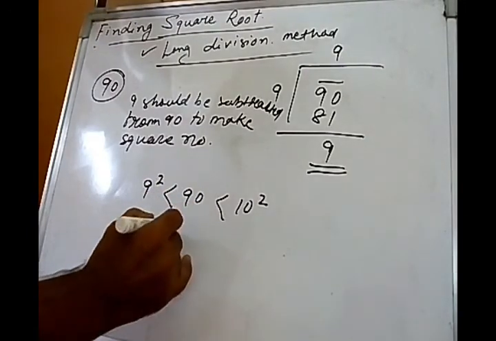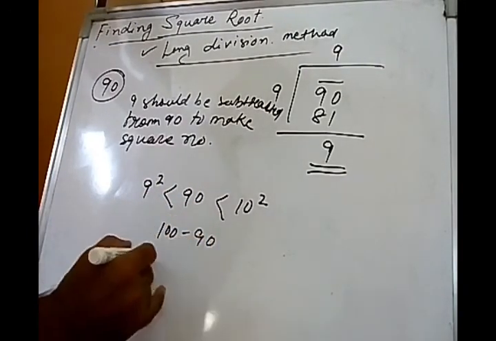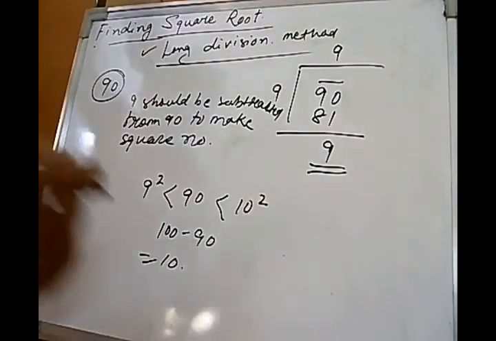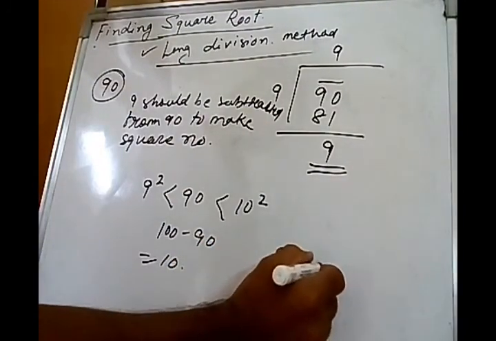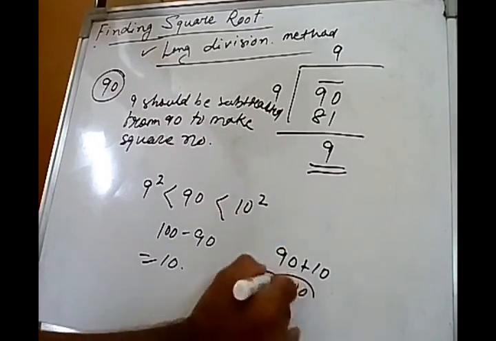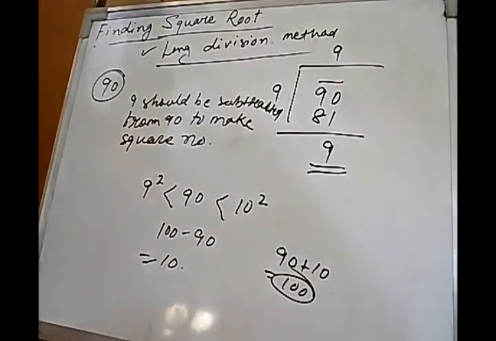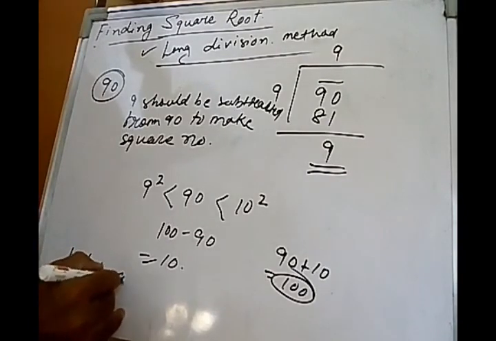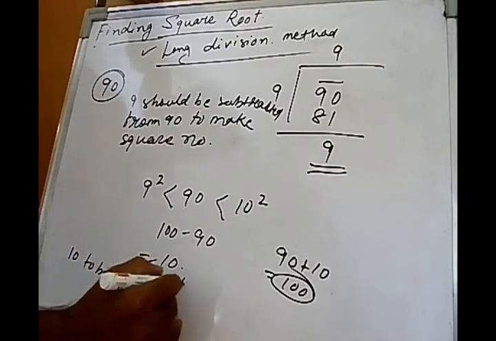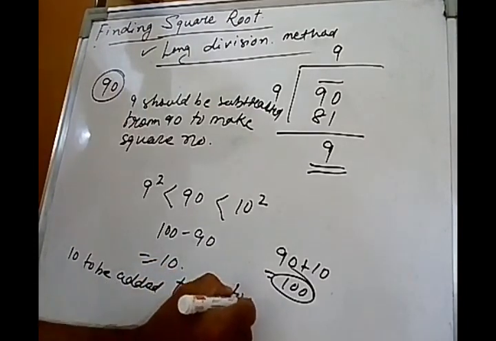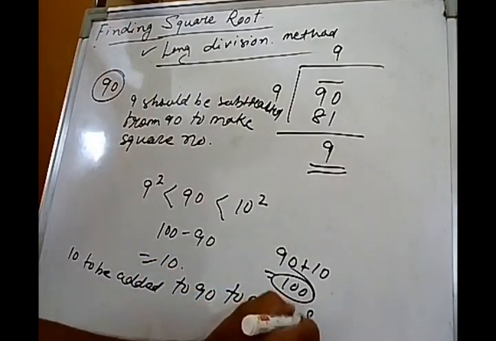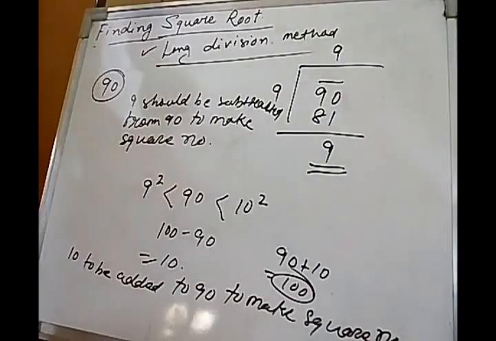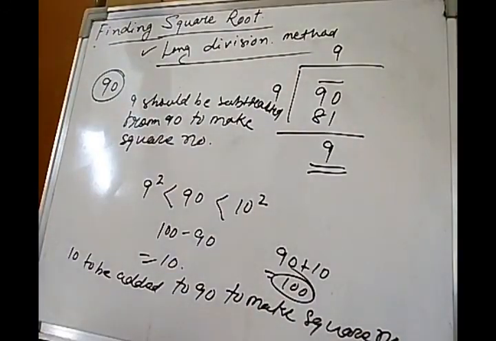So 100 minus 90 equals 10. So 10 needs to be added to 90, and if you see, 90 plus 10 equals 100, and 100 is whose square? 10 square. So we can write 10 to be added to 90 to make a square number. This is the way. This is the use of the long division method.